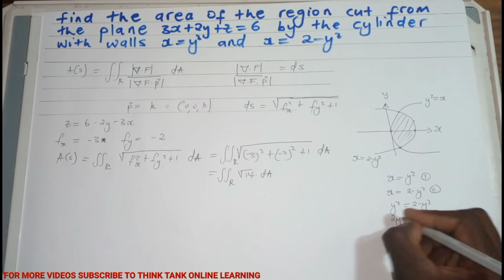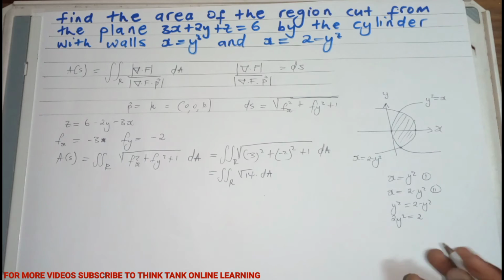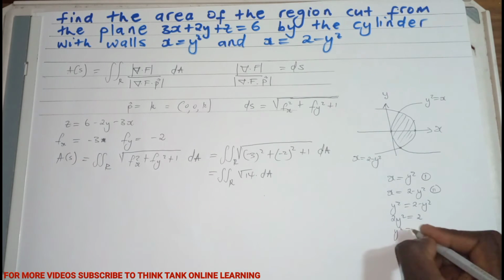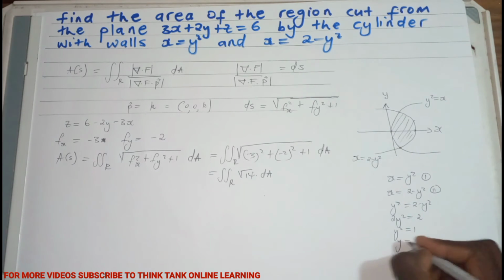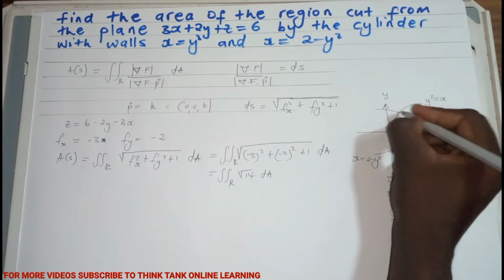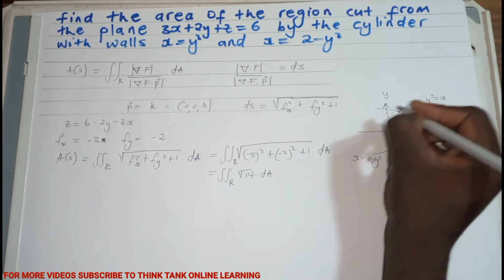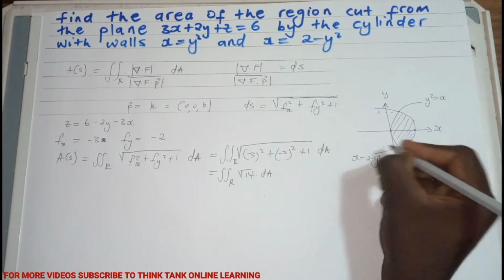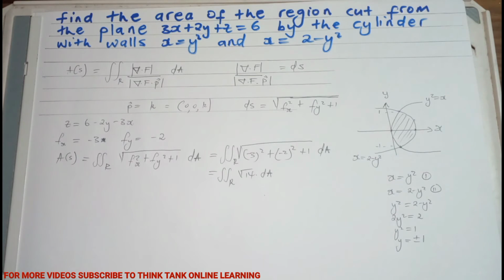That means 2y² = 2. Dividing both sides by 2, y² = 1, and taking the square root on both sides, y = ±1. So the limits here are 1 and −1. And now I want to find the perfect order of integration.